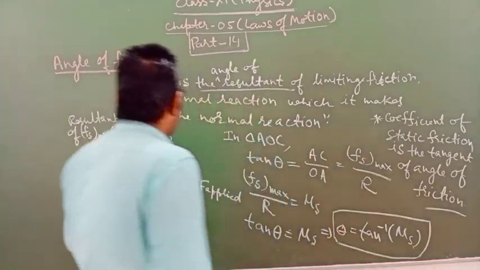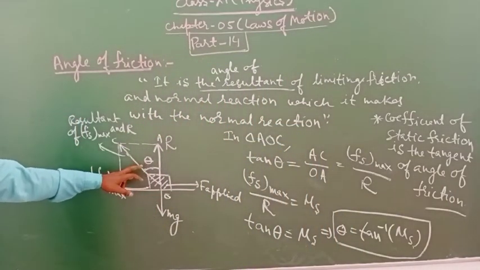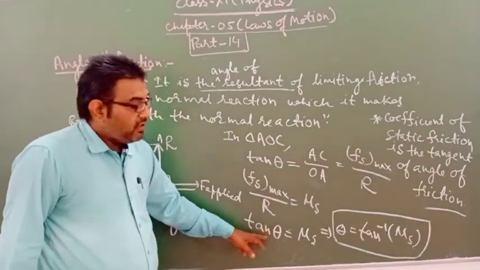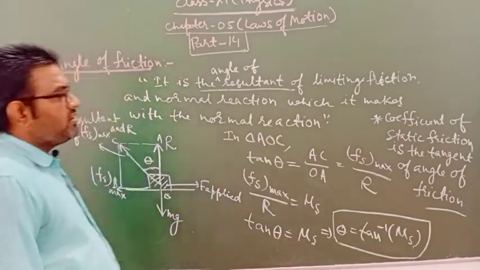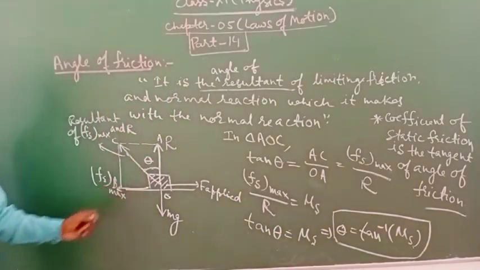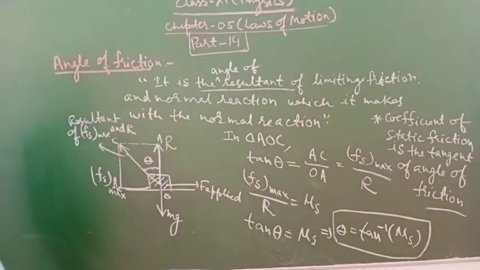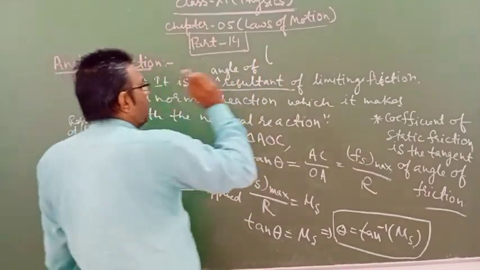Here theta is the angle of friction, so tan theta is equal to μs, the coefficient of static friction.